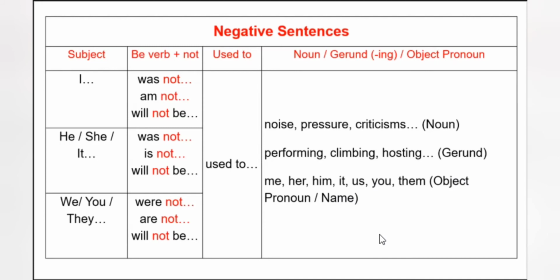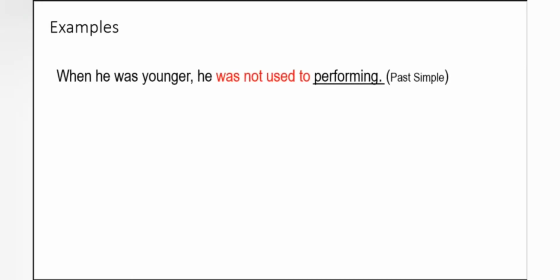So let's make sentences. It looks like the earlier ones, just negative. When he was younger, he was not used to performing. So that was way back then.